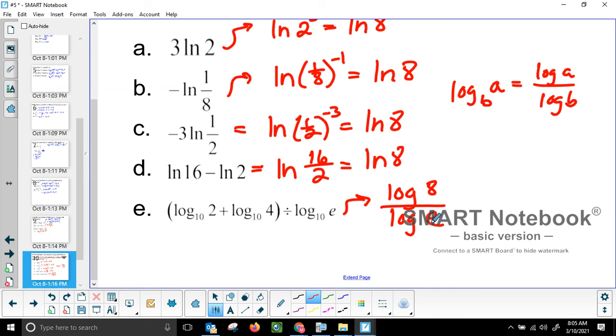So this is my log of b, this is my log of a, so I can actually rewrite this as log base e of 8. All I did was use that here. And of course, log base e is ln. So we are done there.